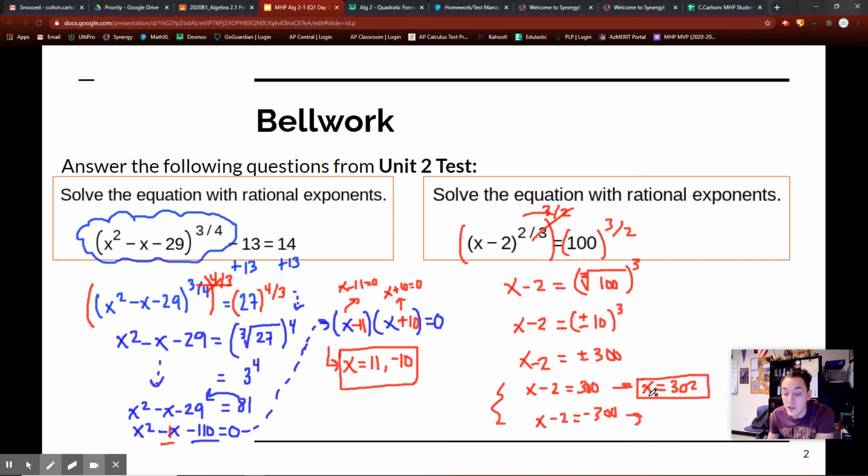But the answer that you primarily forgot was this negative version. So if I add the 2 over, I get negative 298. So x equals both these answers: x equals 302 and x equals negative 298.